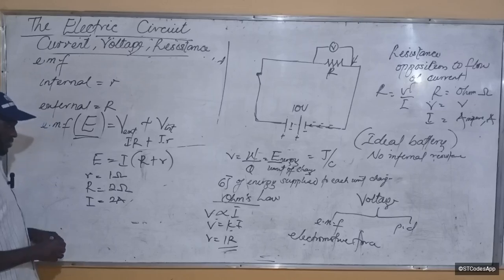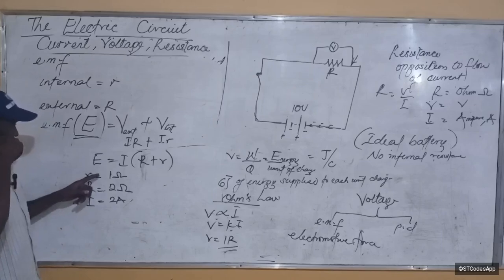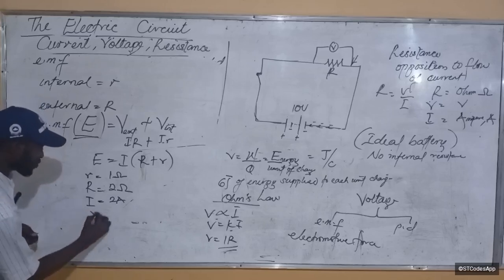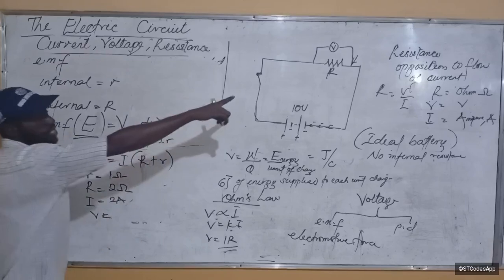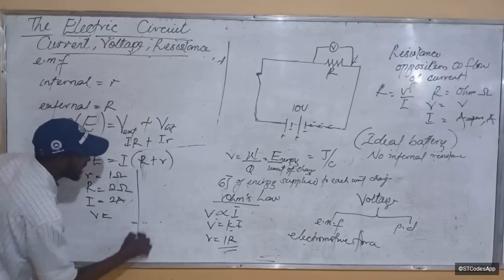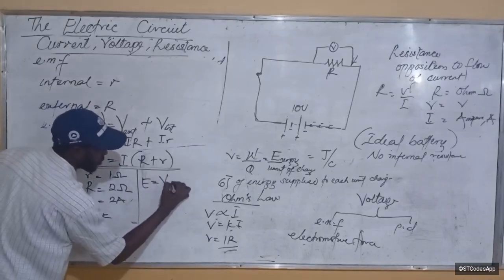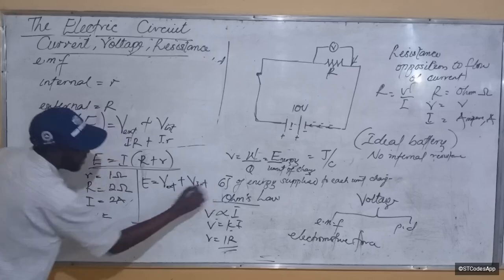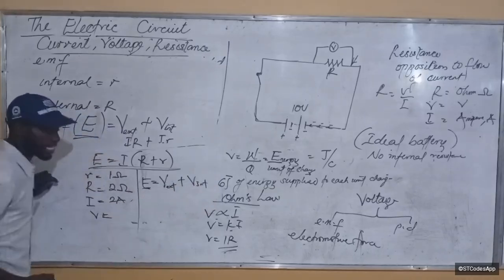What are we now looking for? We want to look for the voltage across the external resistor. Remember that I said just now that E is the voltage in the external resistor plus the voltage in the internal resistor.